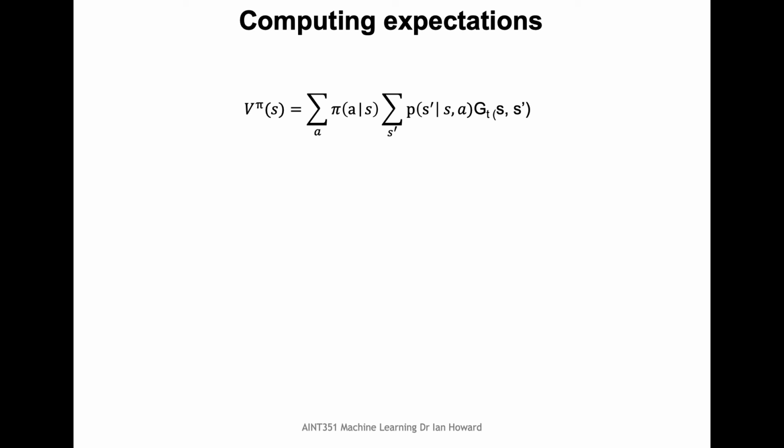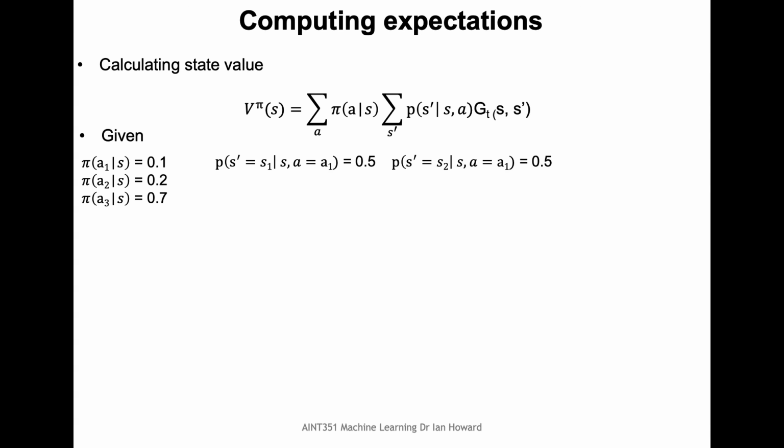So let's think about this value then. How do we calculate that? So let's just put some hard examples in to make it very clear. Given that we've got this policy in state S, we have action 1 with probability 0.1, action 2 0.2, action 3 0.7, and given now our probability transition matrix, if from state S we take action A1, we end up in state S1 with 0.5 probability, and in state S2 with 0.5 probability.